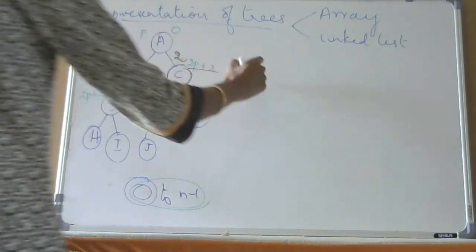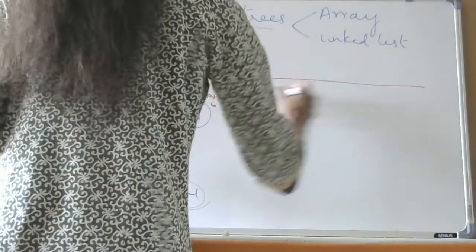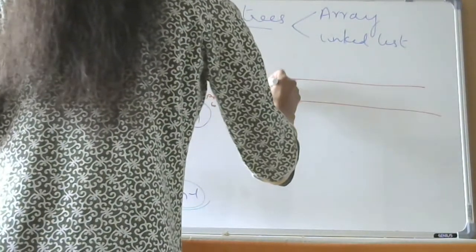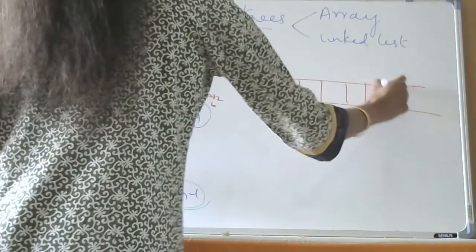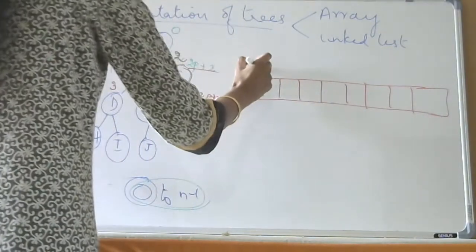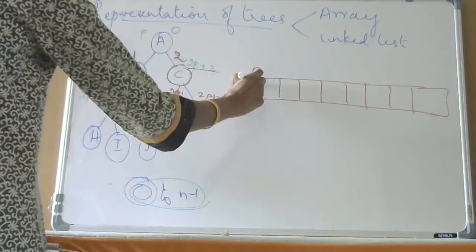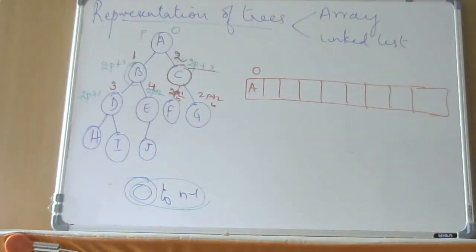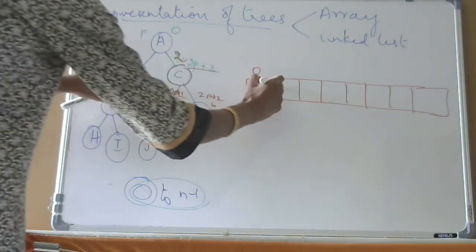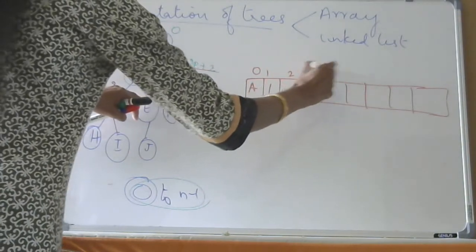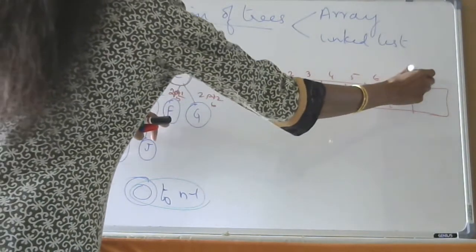If I try to put it in the form of an array, location 0 will have the node A. 1, 2, 3, 4, like that you have in the array.